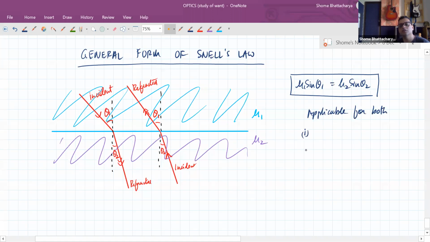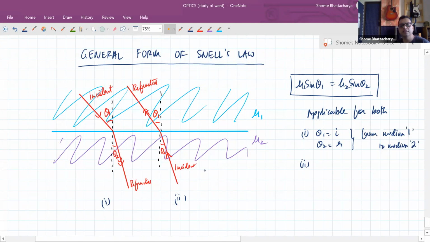In the first case and the second case, theta 1 is the angle of incidence and theta 2 is the angle of refraction, and the refraction is happening from medium 1 to medium 2.